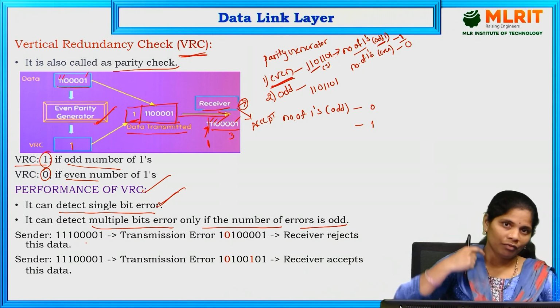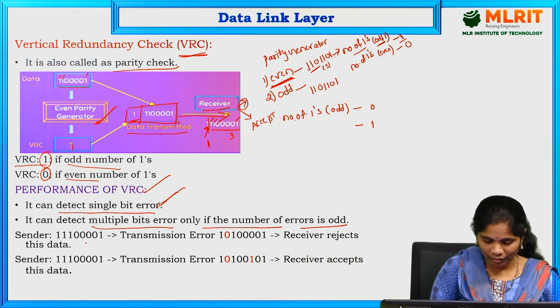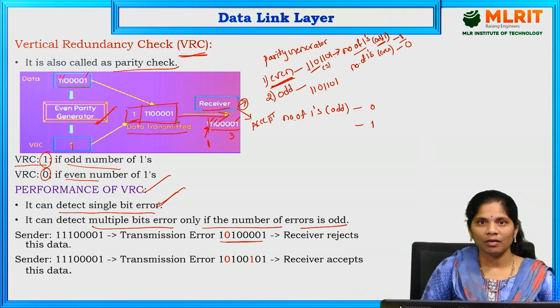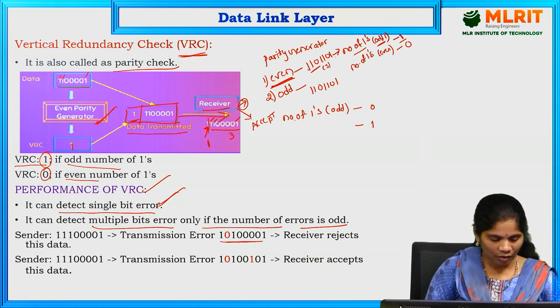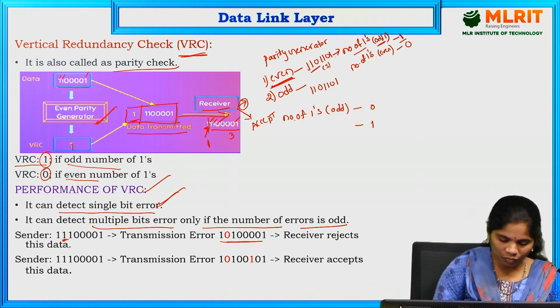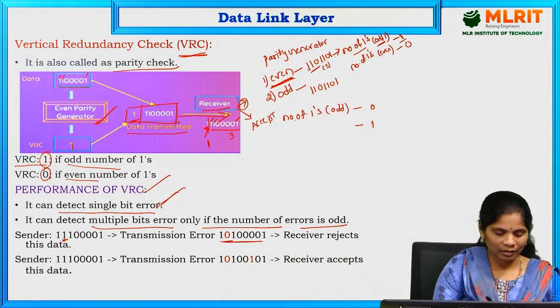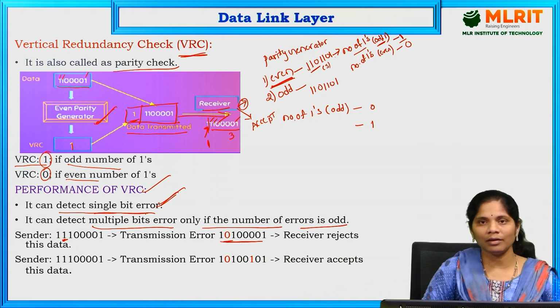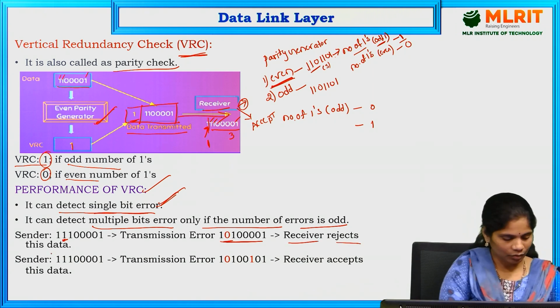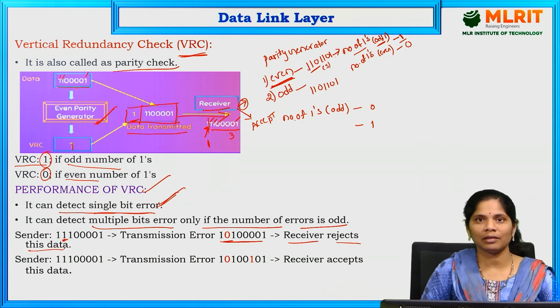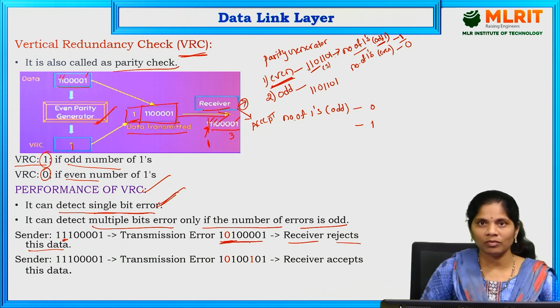The receiver receives 101000001. Here a 1 has changed to 0. Only one bit has changed, so it can detect the single bit error, as I already said. So the receiver rejects the data, since an error is there. The 101000001 is rejected. That is the single bit error.